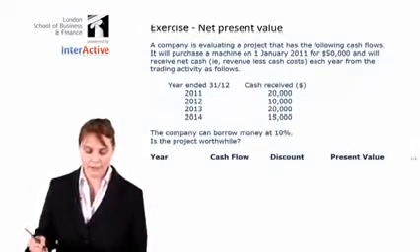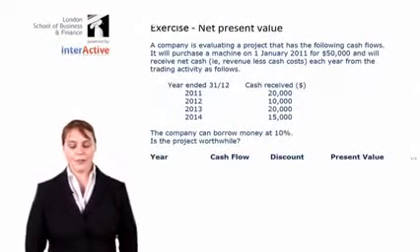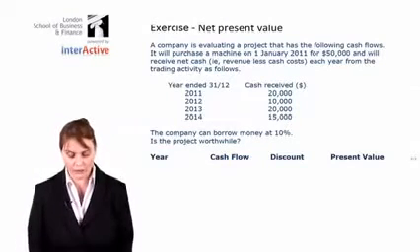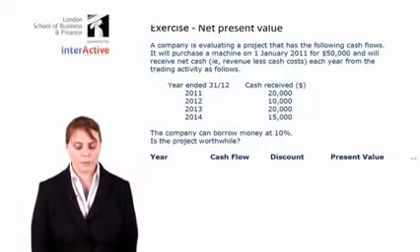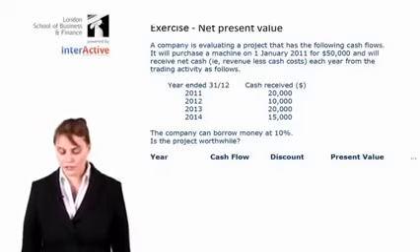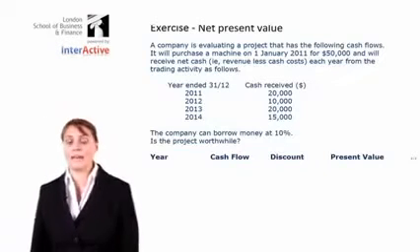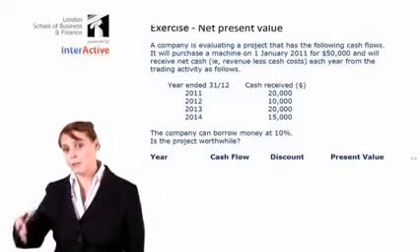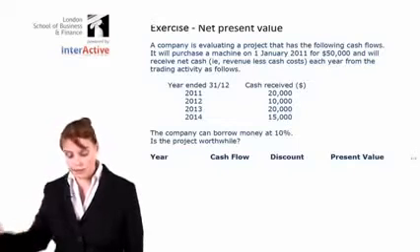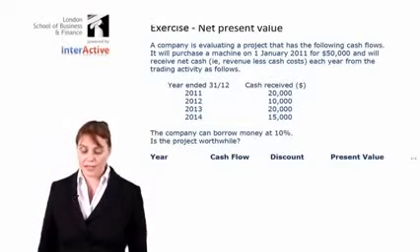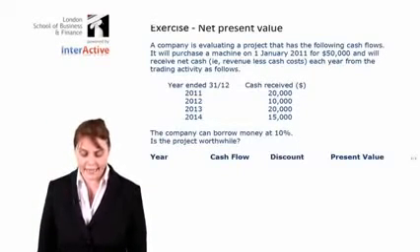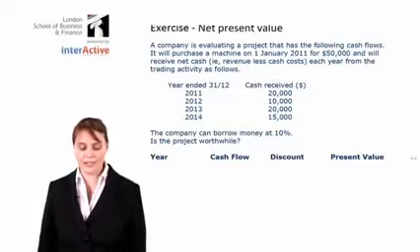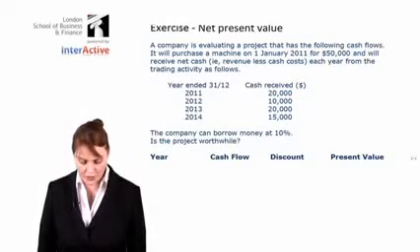We're told then a company is evaluating a project that has the following cash flows. It will purchase a machine on the 1st of January 2011. So we'll take that to be the present time, T0, for $50,000, and will receive net cash flows each year from the trading activity as follows.